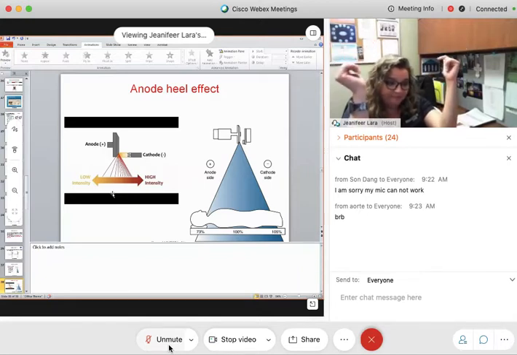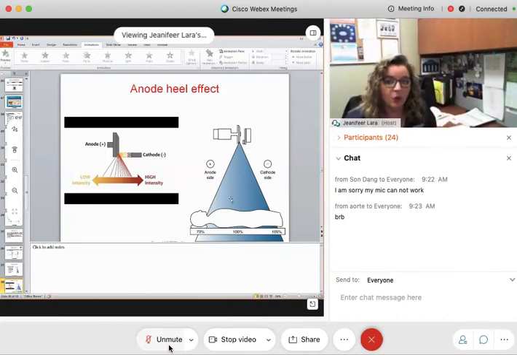Make sure you know that. The anode is to your left. The cathode is on the right. We will place the anode when we have thinner tissue to X-ray versus thicker tissue to X-ray.